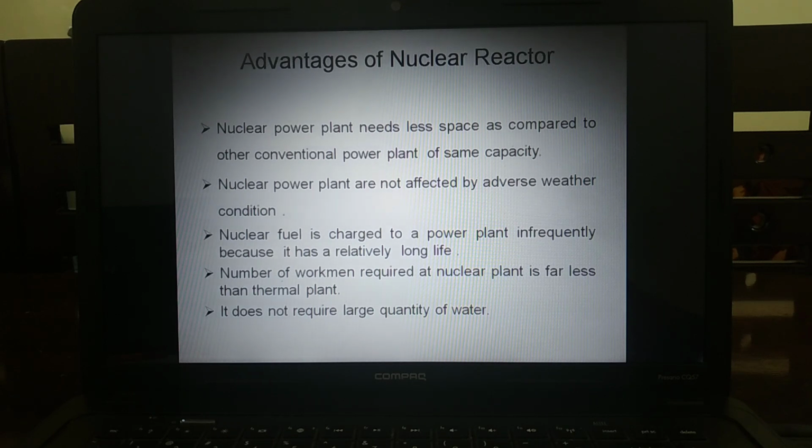Advantages of the nuclear reactor. A nuclear power plant needs less space and is not affected by adverse weather conditions. The operation of a nuclear power plant is more reliable. It produces valuable isotopes which are used for different purposes.